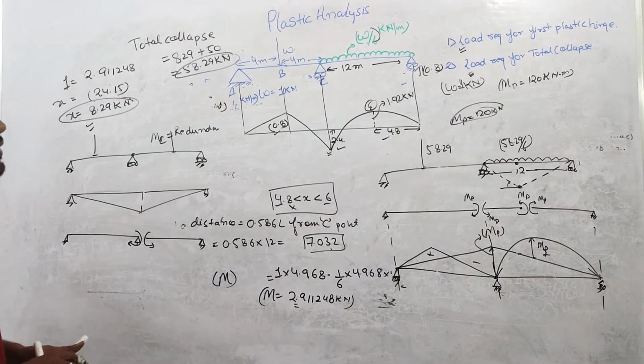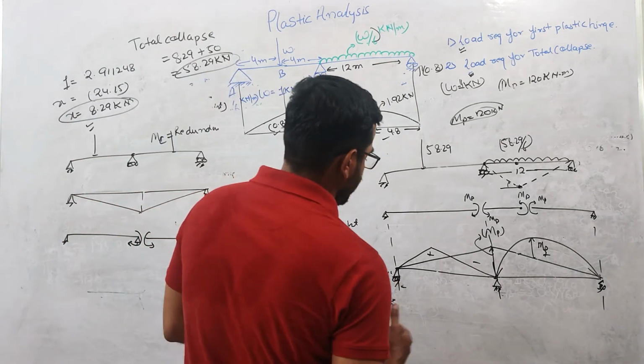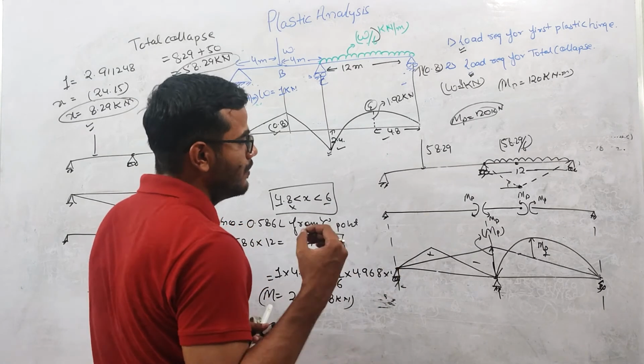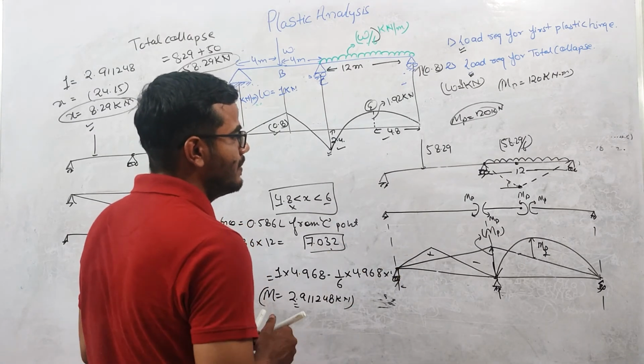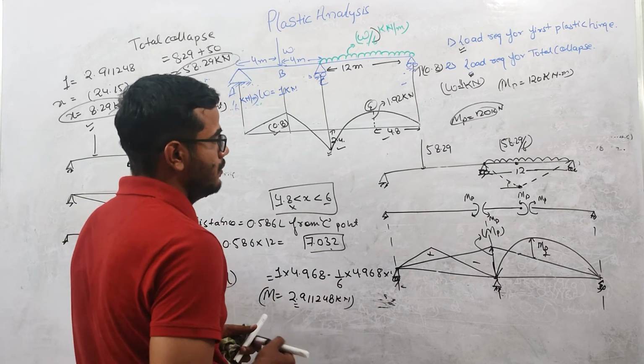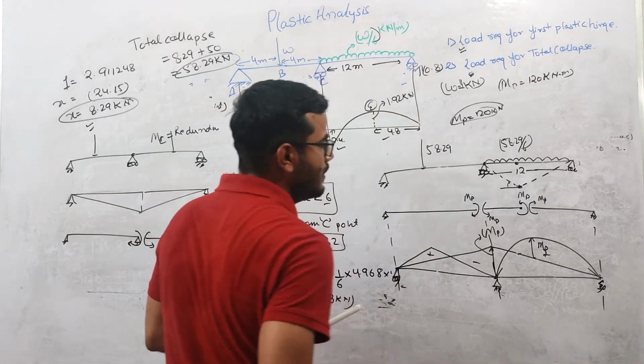Now you can check the yield condition anywhere in the beam. Anywhere in the beam, the yield condition will always be satisfied, and the equilibrium condition will always be satisfied. If you want to solve the equilibrium equation, you can solve any portion of this beam.